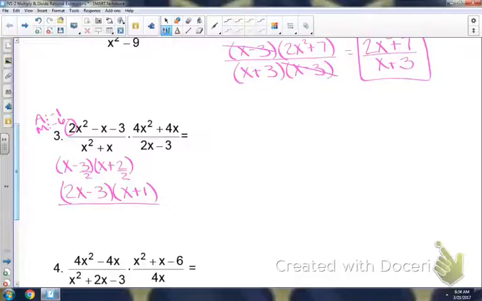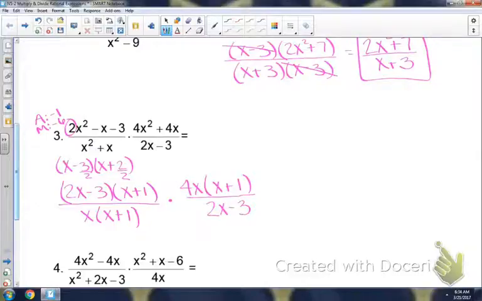Denominator, they have an x in common, so you're left with x plus 1. The second numerator, the second top, they have 4x in common, so you're left with x plus 1. And then 2x minus 3, we actually can't factor that, so we're leaving it as 2x minus 3.